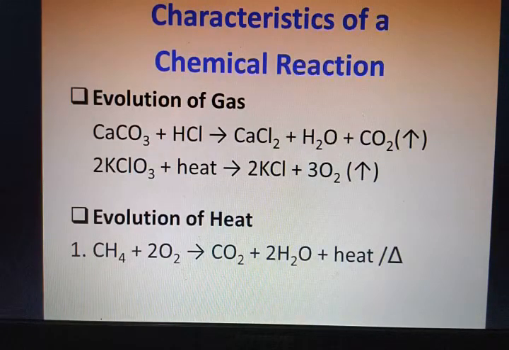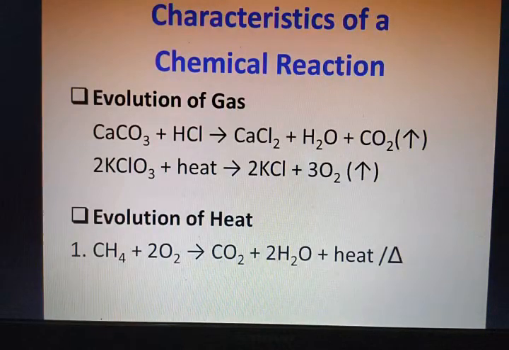It is one of the criteria, one of the features of a chemical reaction, but it is not compulsory that all reactions will evolve gas. And if gases are not evolved, it will not be concluded that the reaction is not taking place. Evolution of gas is one of the parameters of a chemical reaction.